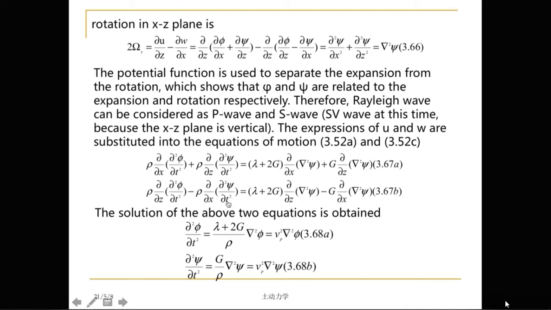And for equation B, replace x by z. The solution of the above two equations is d²phi/dt² equals lambda plus 2G over rho times the Laplacian of phi, or Vp squared times the Laplacian of phi, and d²psi/dt² equals G over rho times the Laplacian of psi, which is Vs squared times the Laplacian of psi.